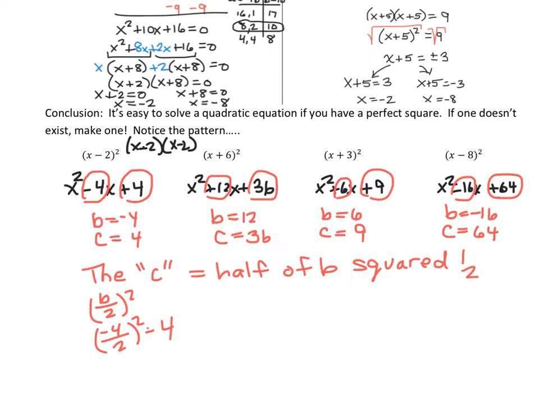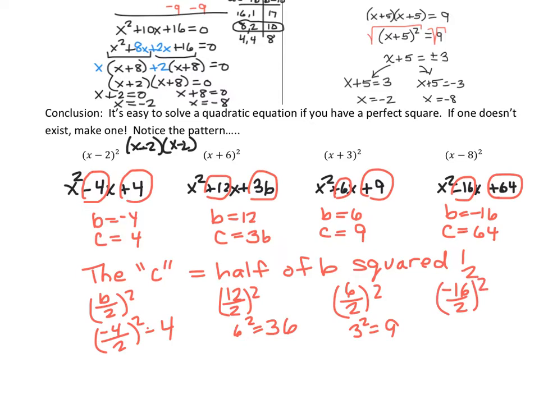Next example, we have 12 divided by 2 squared is 6 squared, which is 36. We have 6 divided by 2 squared is 3 squared, which is 9. Finally, we have negative 16 divided by 2 squared. We have negative 8 squared, which turns into 64.